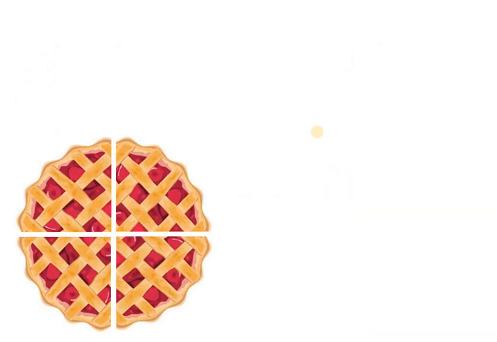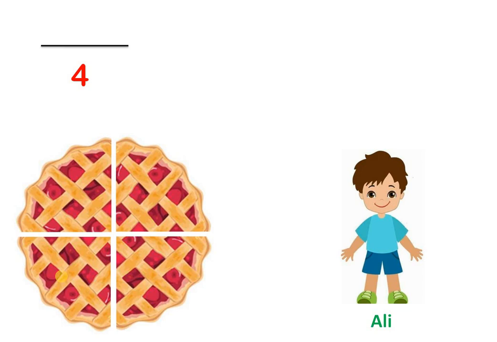Okay, there is a pie here, and this pie has 4 equal parts. So the number 4 is the total number of parts, and the bottom number will be 4. Let's say Ali shows up and wants to have 1 piece of the pie.